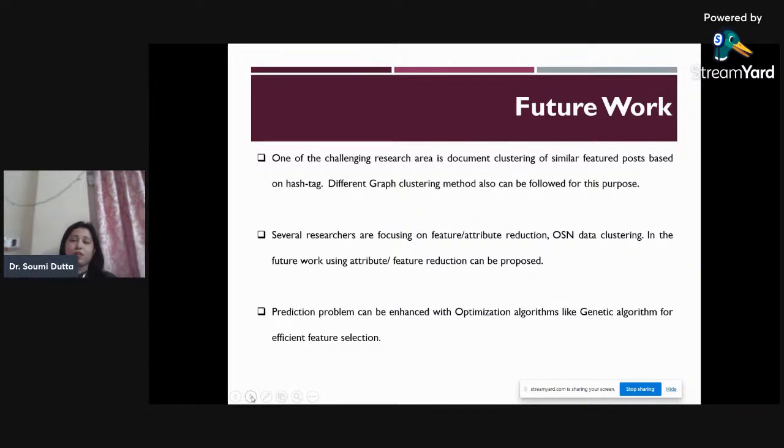If it is a 20 lakh data set and you go for genetic algorithm, then the crossover and mutation in every phase may sometimes take a long time. So if the size of the data set is quite high and you want to opt for this genetic algorithm, then try to reduce your dimension, and then we can use it.